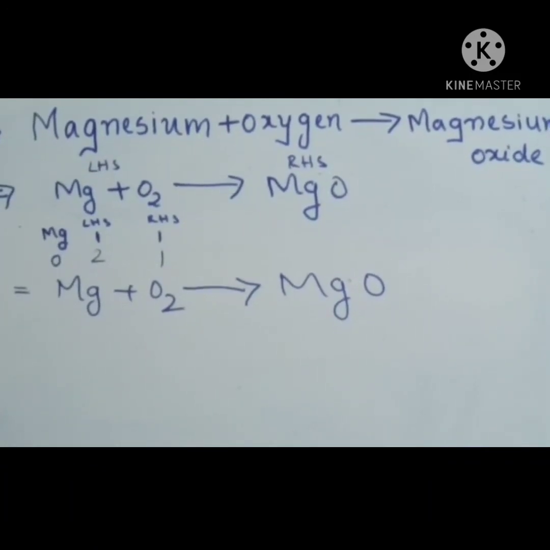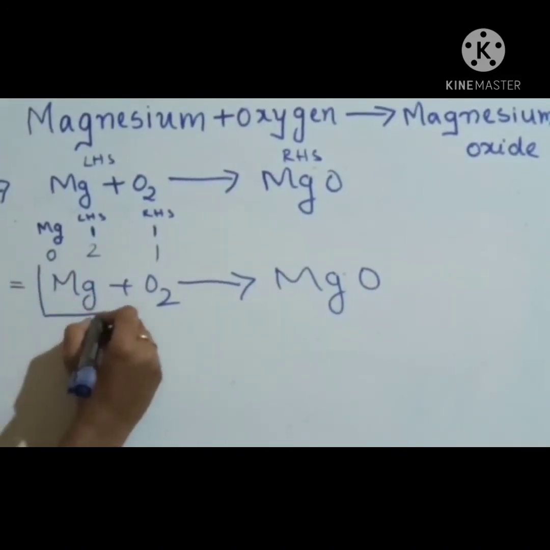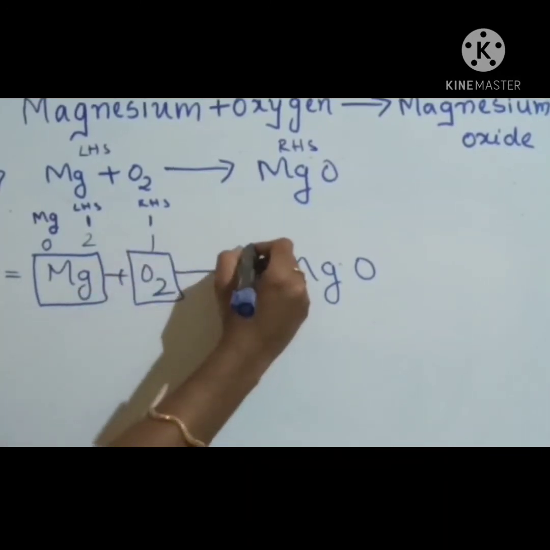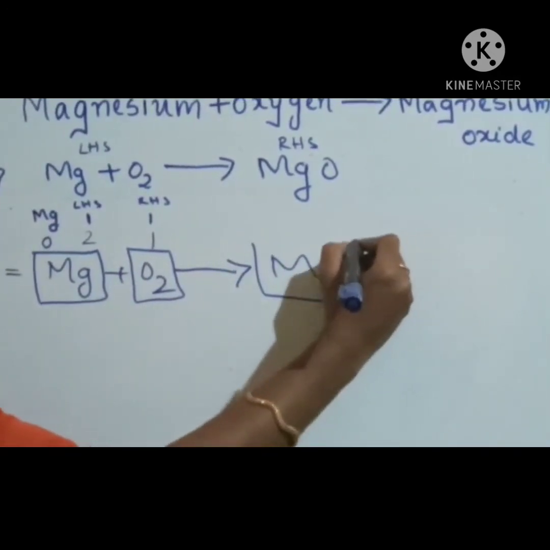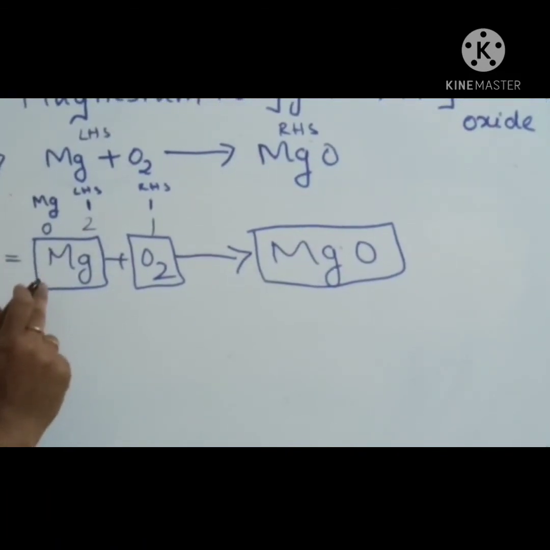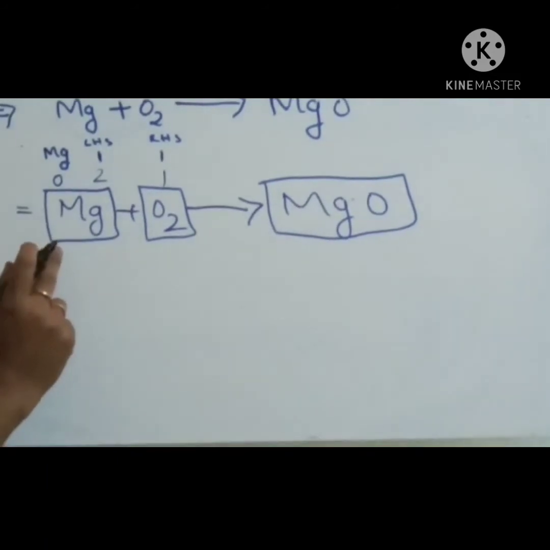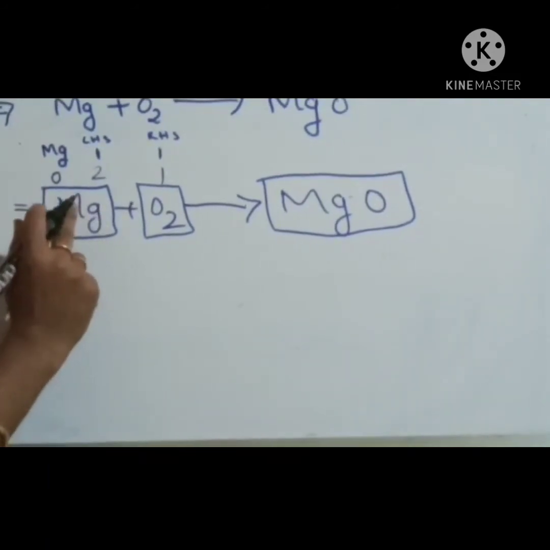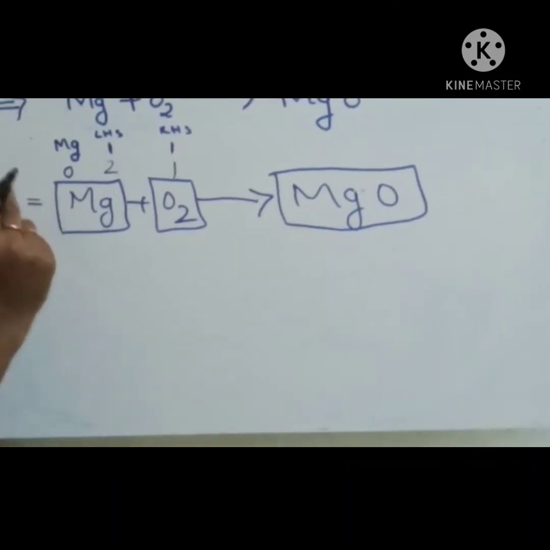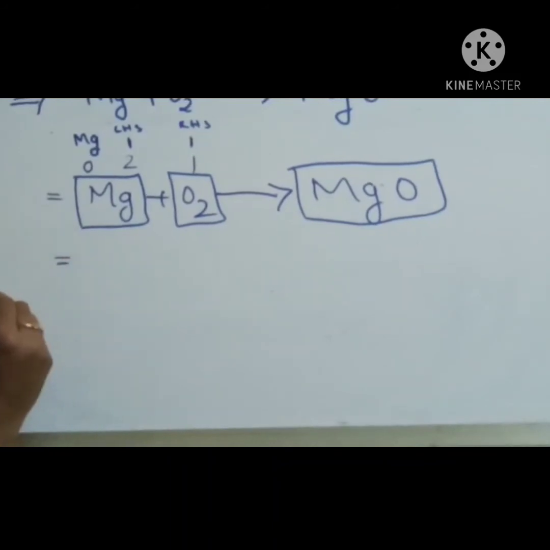Then draw boxes around the formulas. This method is called the hit and trial method, that is, drawing boxes around the formulas.